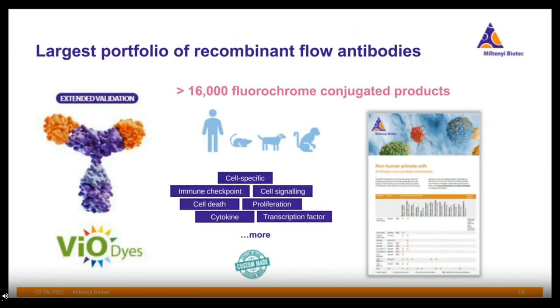Finally, about our antibodies, I want to highlight that we offer more than 16,000 fluorochrome-conjugated products that are cross-reactive to different species, not only human, but also different rodent species, canine as well as non-human primate. Also the portfolio covers all the major markers to identify different cell subsets, immune checkpoints, markers for cell signaling, cell death, proliferation, and so on.